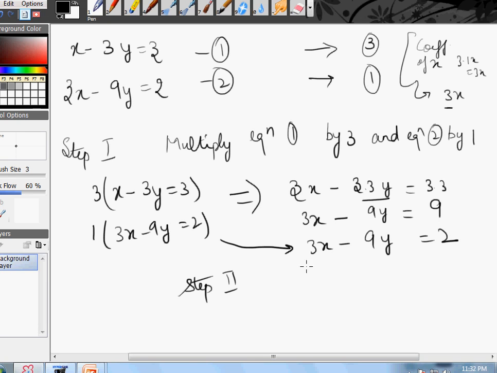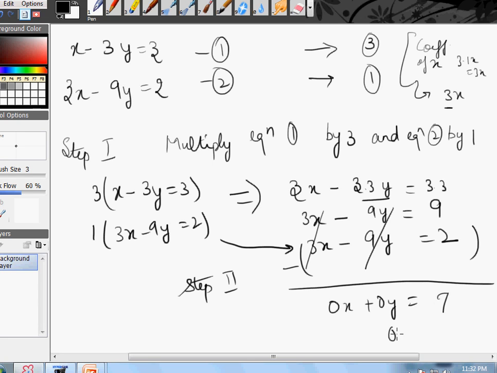Whereas if we subtract, we'll be getting 3x minus 3x, that is, it is getting cancelled. Again minus 9y plus 9y, which is again getting cancelled. Thus 0x plus 0y equal to 9 minus 2, which is 7, which gives us 0 equal to 7.